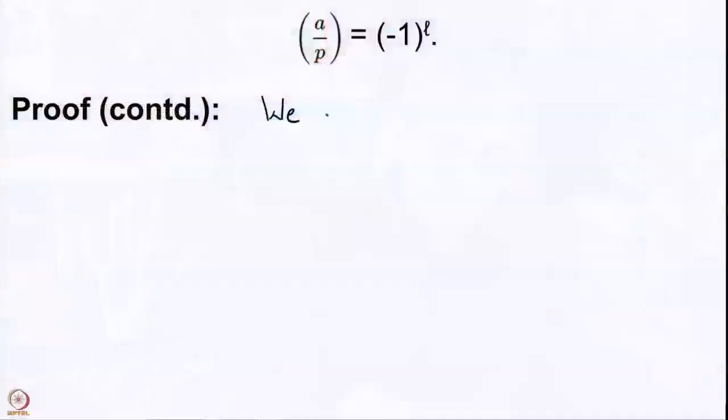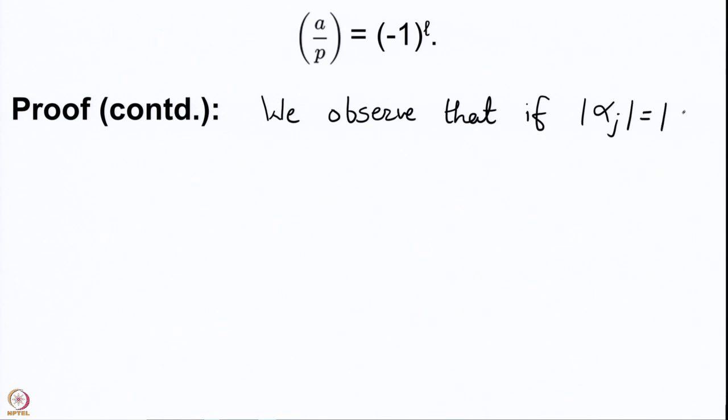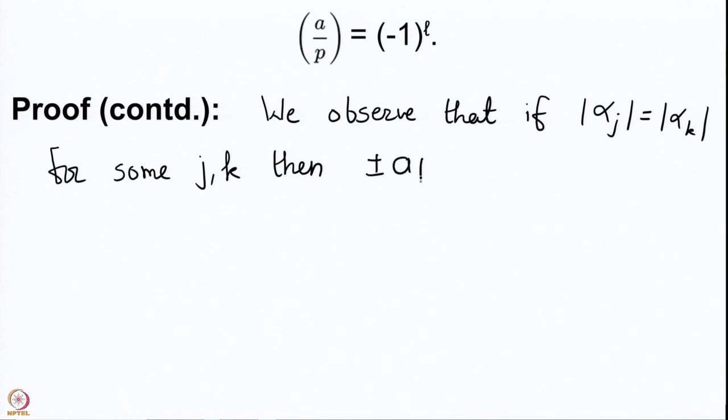We observe that if mod alpha j is mod alpha k for some j and k, then remember alpha j is the residue for aj with possibly a sign.